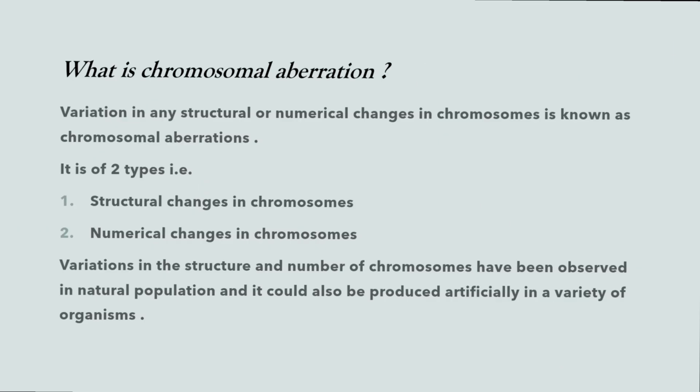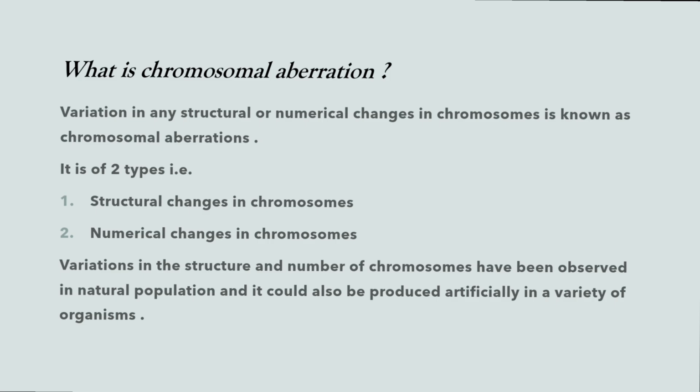What is chromosomal aberration? Variation in any structural or numerical changes in chromosome is known as chromosomal aberration. It is basically of two types. One is structural and another is numerical. When the variation is found in the structural part, like changes in the structure of the chromosome, it is called structural aberration.